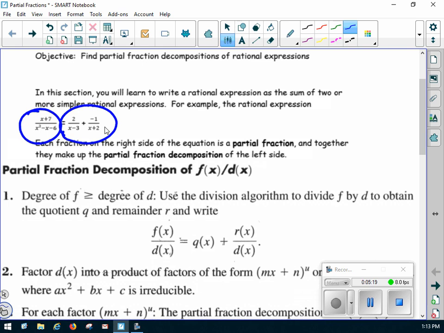It's not hard. This is called partial fraction decomposition. We are decomposing or breaking down a rational expression. This and this are each called a partial fraction because they are part of this.